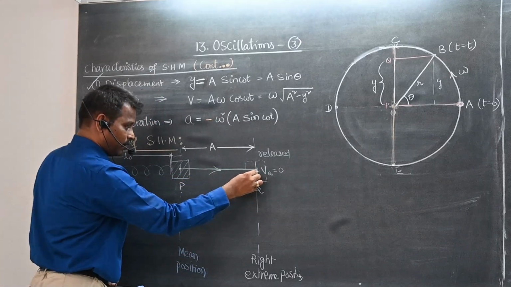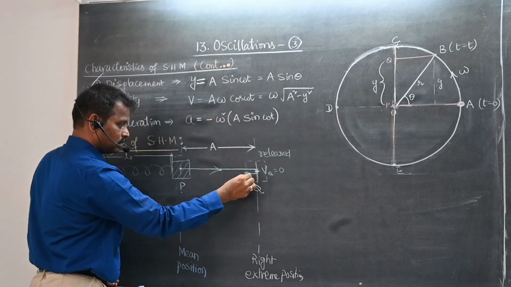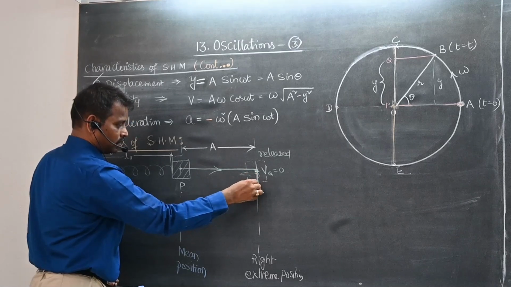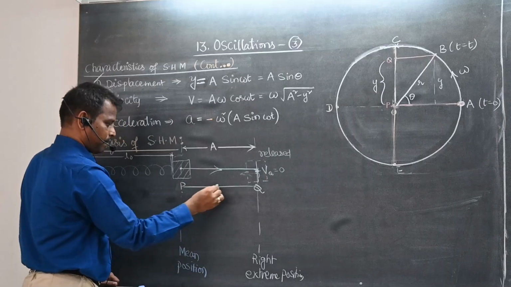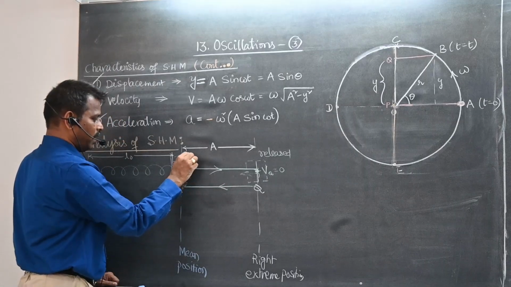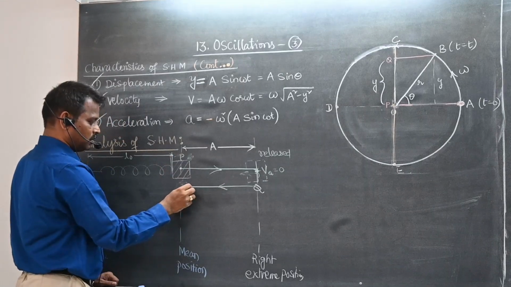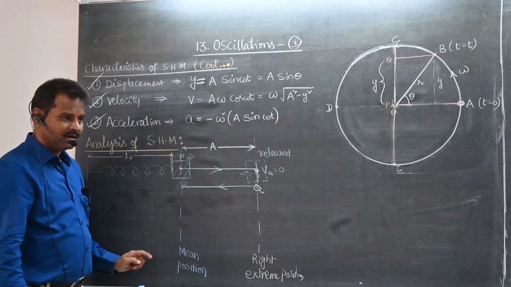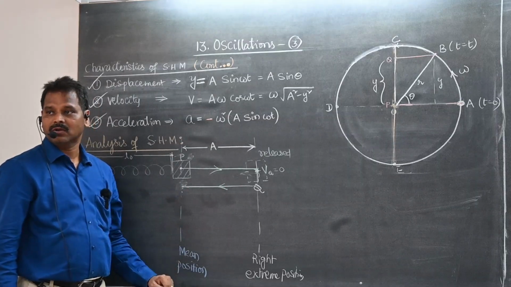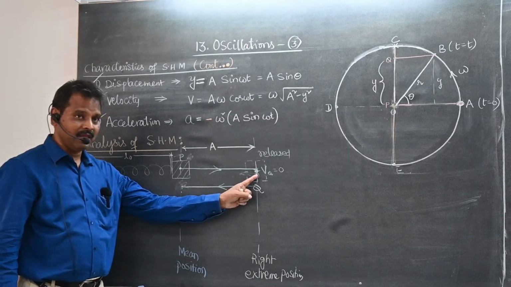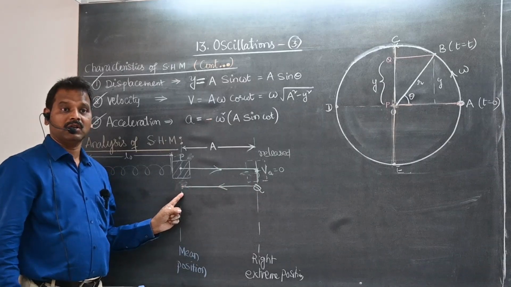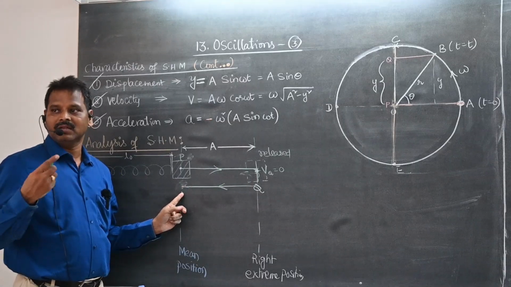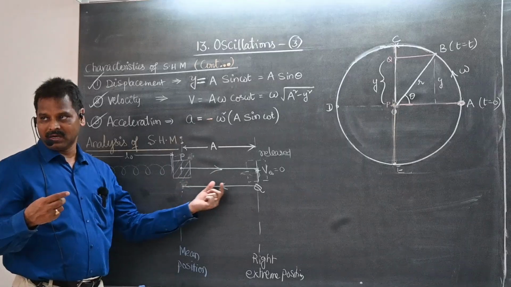While coming back, does it get more velocity or not? And it reaches point P. Now tell me whether it stops at P or not. No, because here velocity is 0, and here it has picked up some kinetic energy.